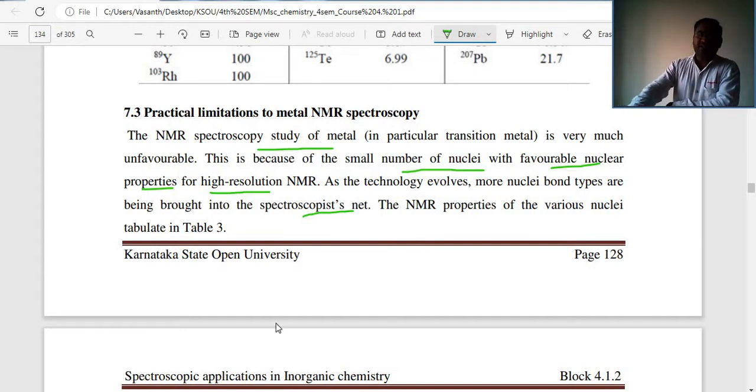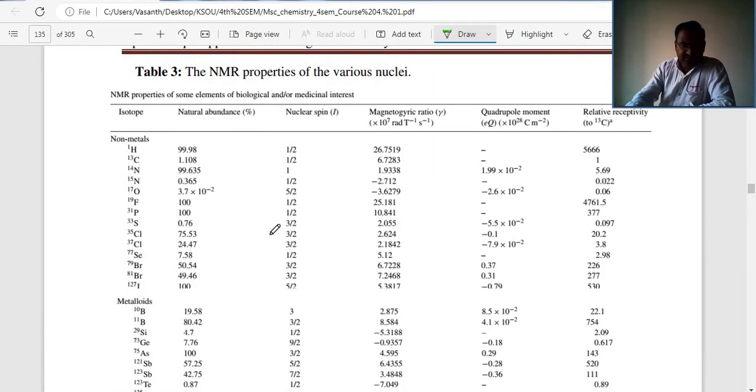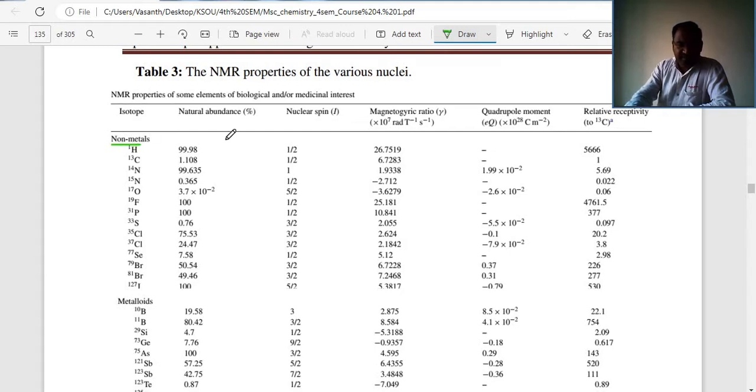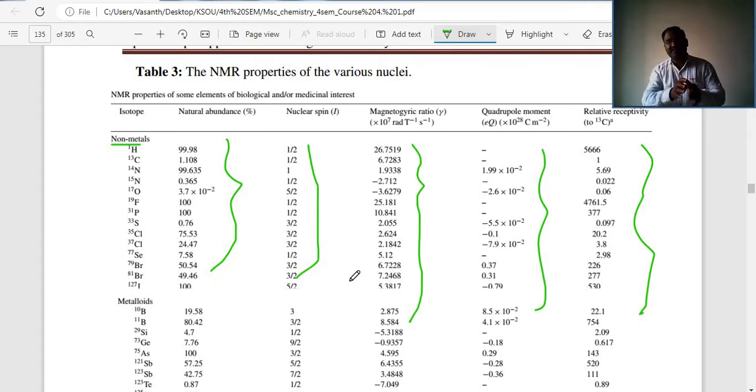The NMR properties of various nuclei are mentioned here. These are all non-metals. The percentage of abundance is mentioned here. This is the nuclear spin. This is the magnetogyric ratio. This is the quadrupole moment. This is the relative receptivity.